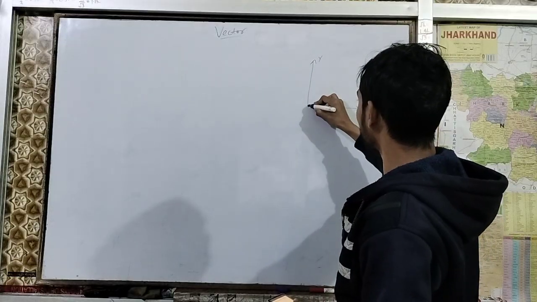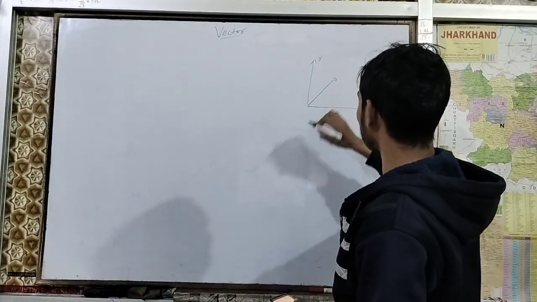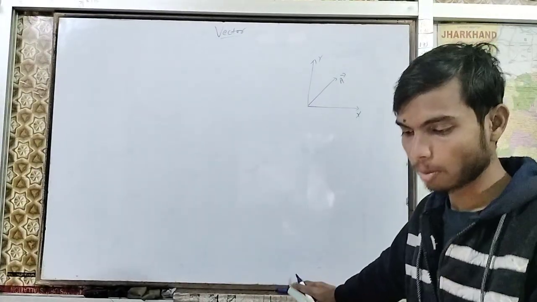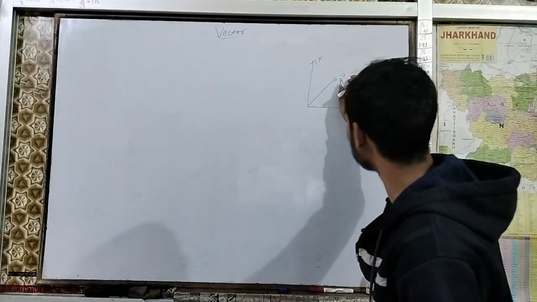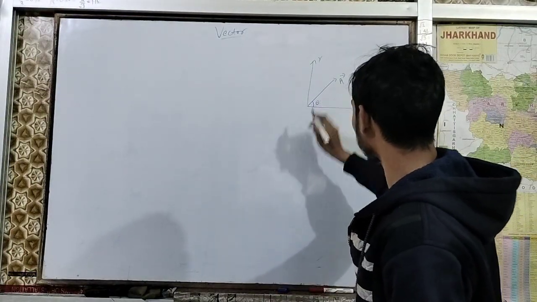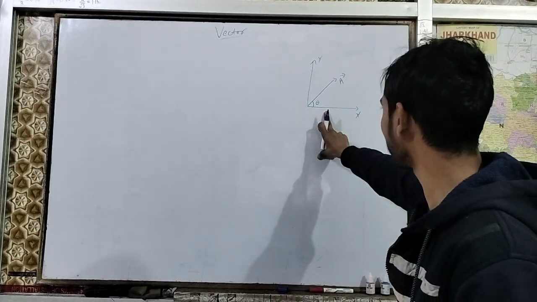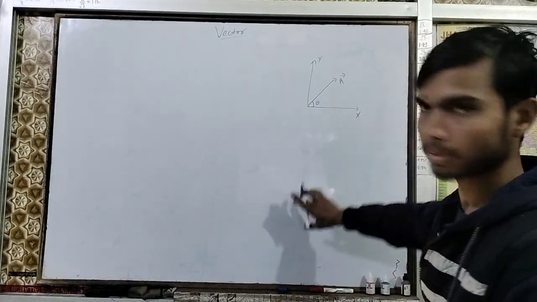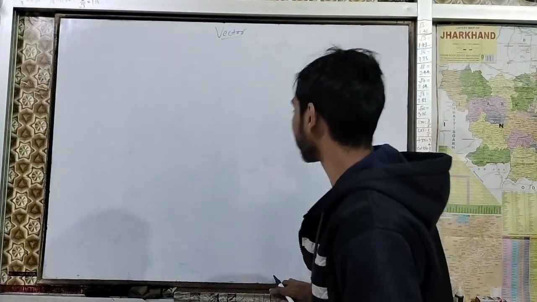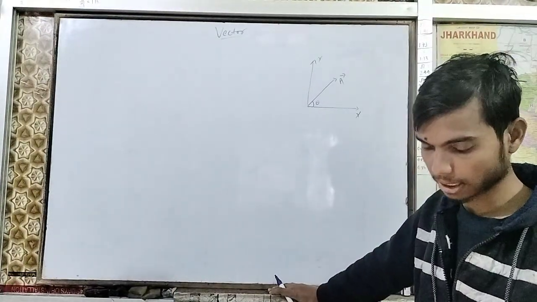There is one vector, vector A. It is asking for the components of this vector according to this theta. This will be our A cos theta, and the other component will be A sin theta.